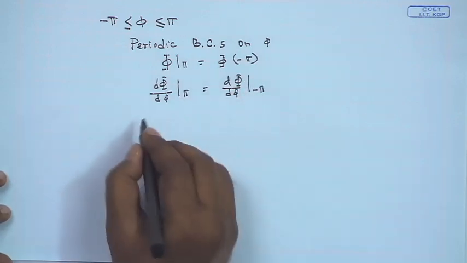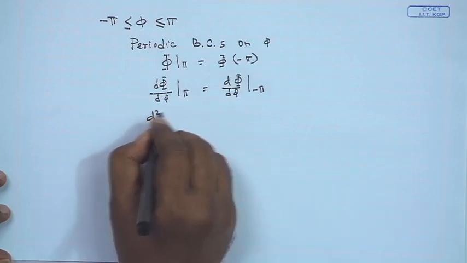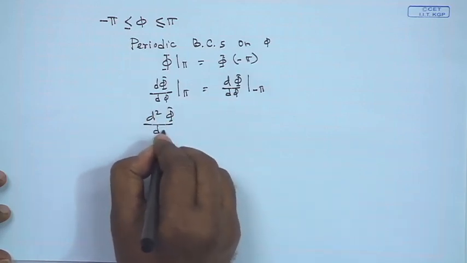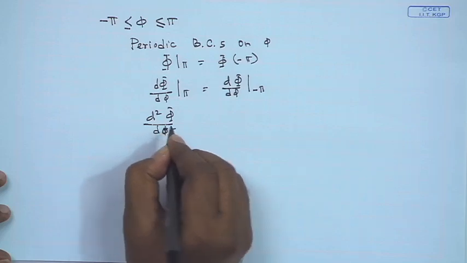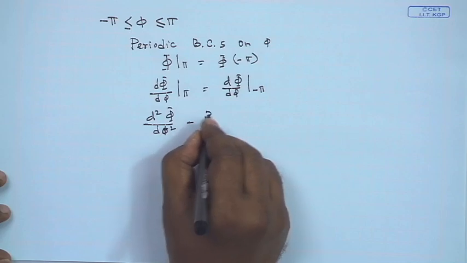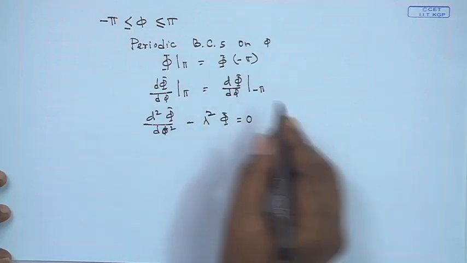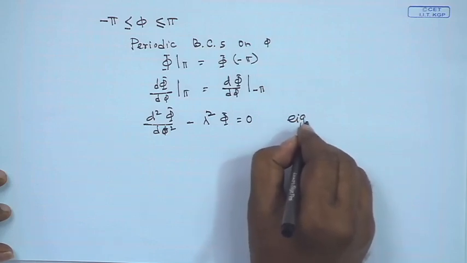So, therefore, we will be having d square phi by d phi square minus lambda square phi equal to 0. This is the eigenvalue problem.